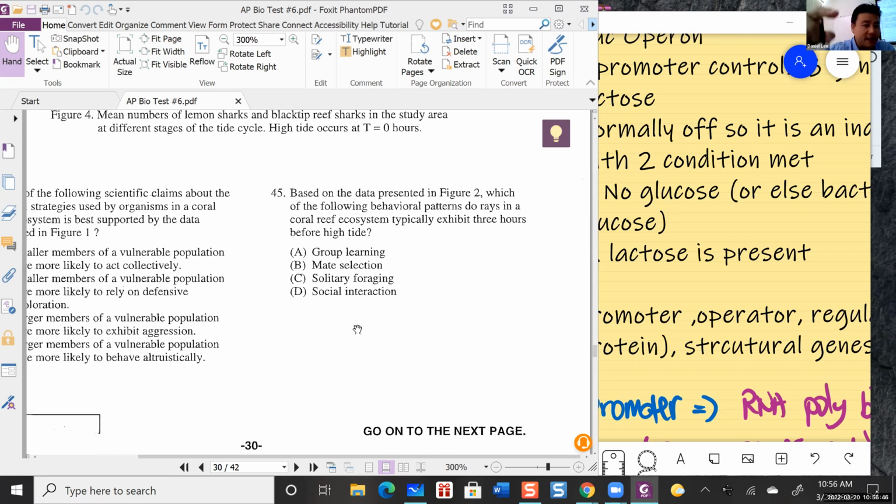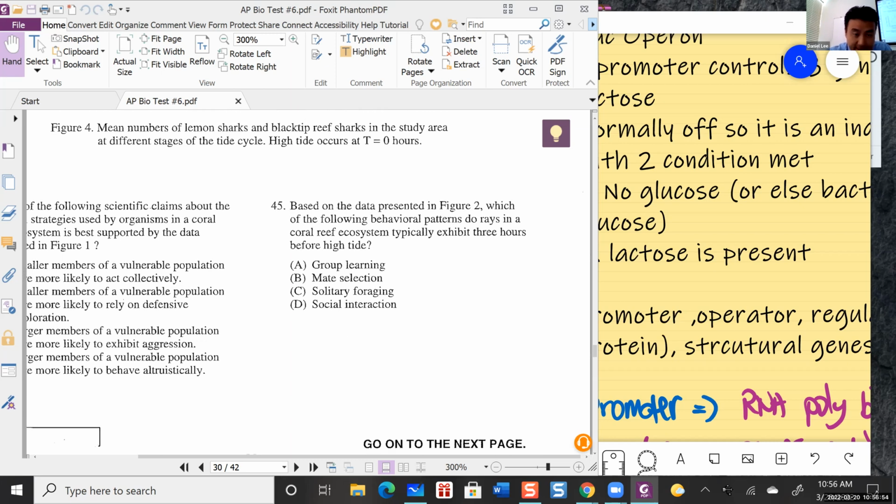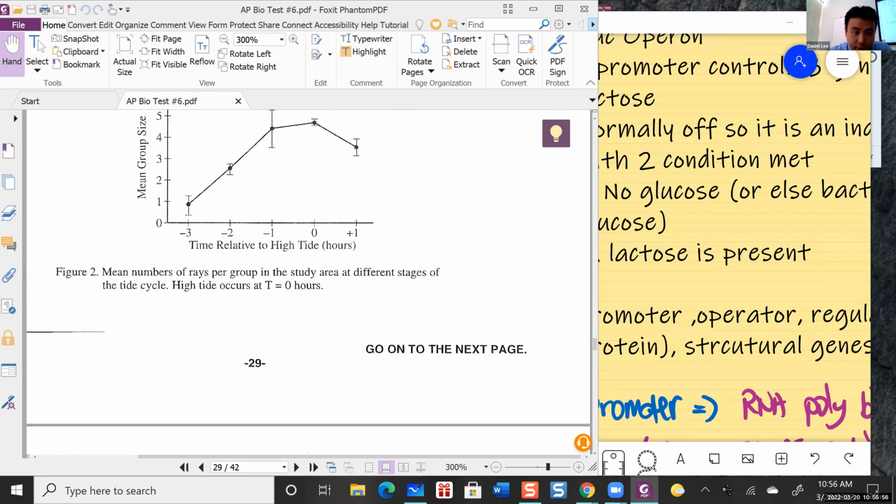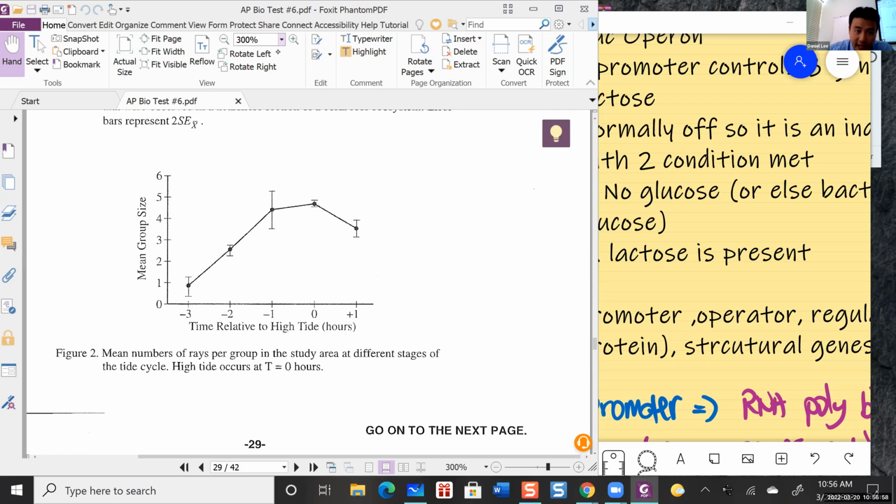Right? 45. Based on the data in figure 2, which of the following behavioral patterns do rays in a coral reef typically exhibit 3 hours before high tide? So this is figure 2. 3 hours before high tide, that'll be this, because 0 is high tide right here. Their mean group size is 1, so they don't group. 3 hours before high tide, they're alone by themselves.